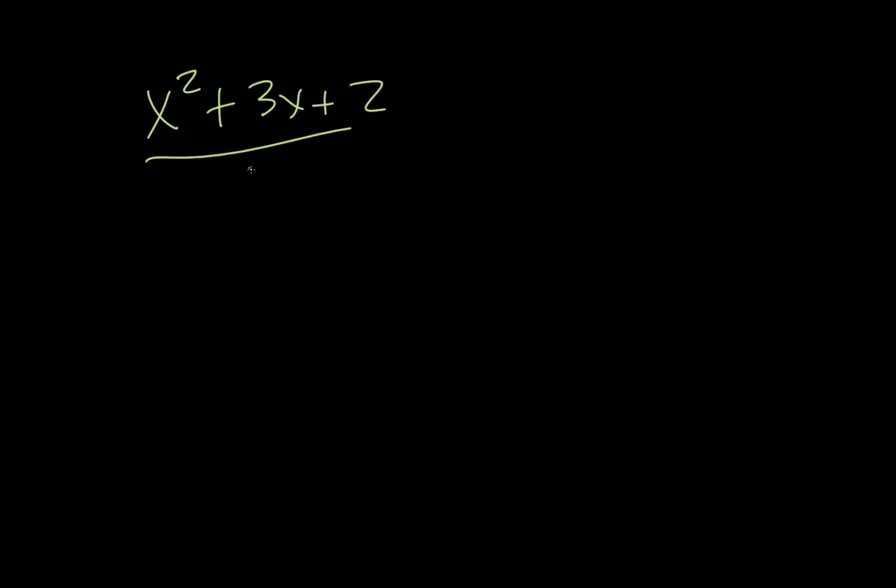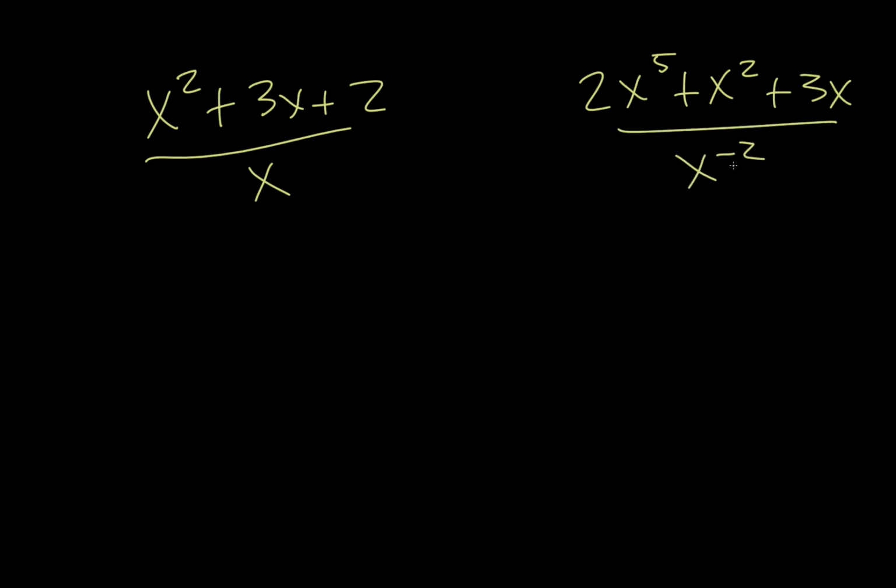Which has 2 parts. So we have that, and then we have 2x to the 5 plus 2, that is to the negative 2. Okay, so all we need to do is divide everything by x.